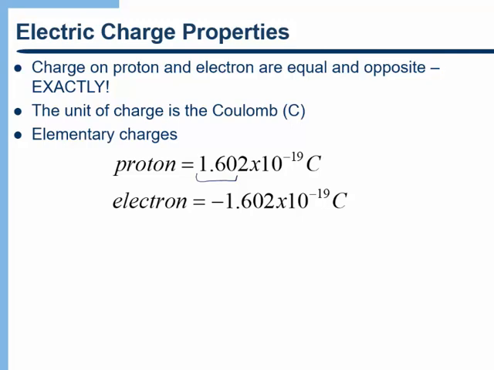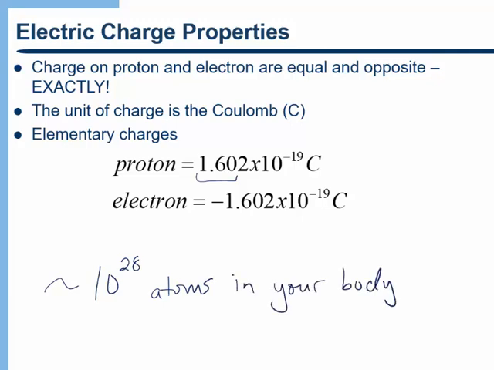Now, you might ask, how do we know that the charge on a proton and an electron are exactly equal and opposite? Well, if they weren't, we would notice it. Because it turns out you've got about 10 to the 28th atoms in you. So think about the fact that each atom generally has more than one proton and one electron, unless we're talking about hydrogen.